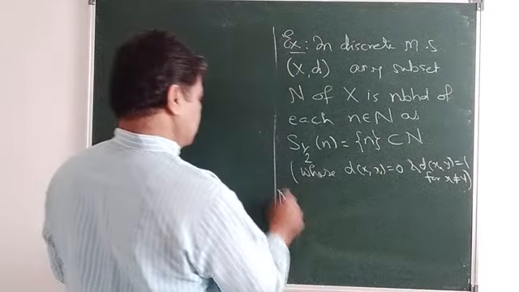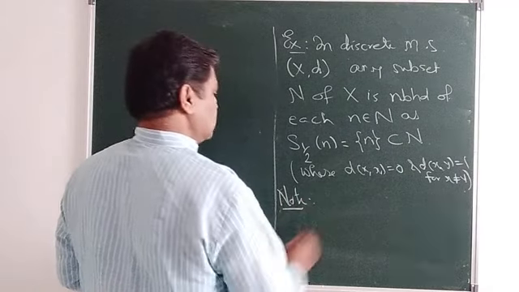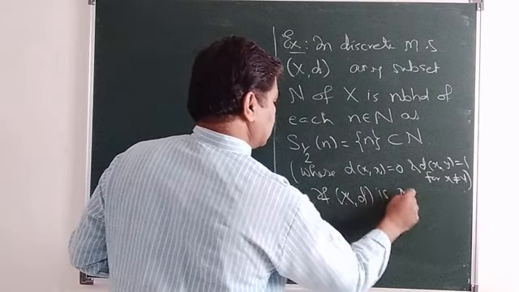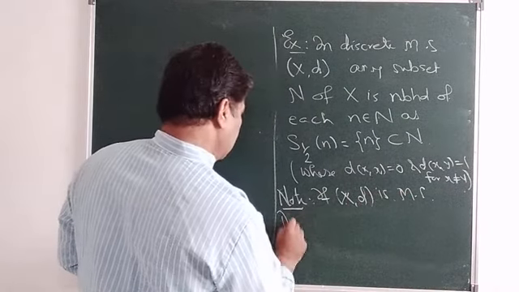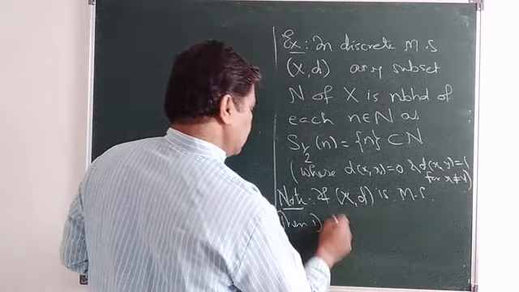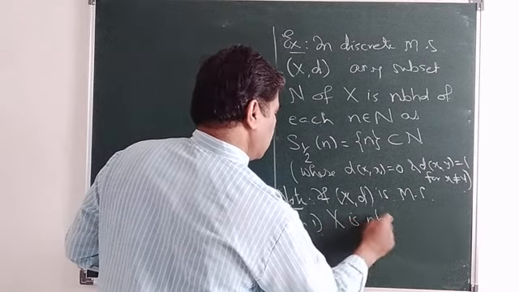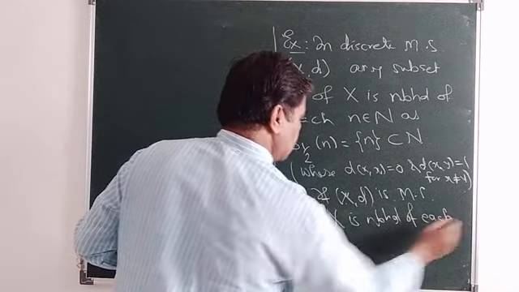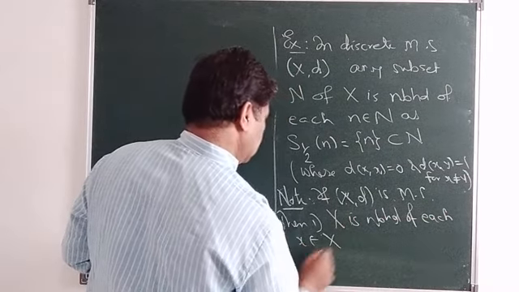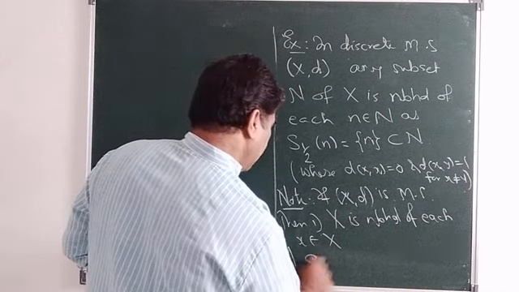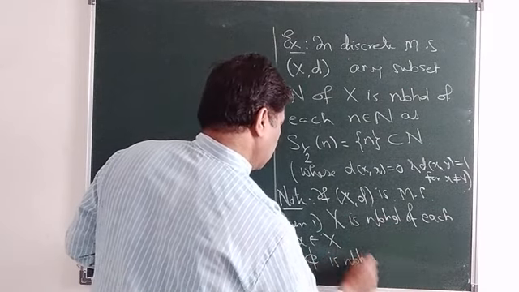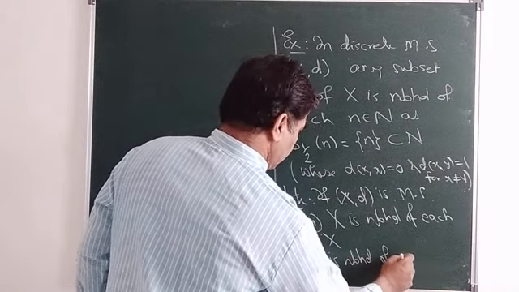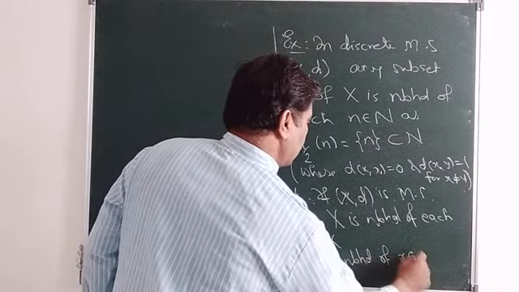Note, if (X, d) is a metric space, then first, X is a neighborhood of each of its points, each x belonging to X. And second, phi is a neighborhood of each x belonging to phi.